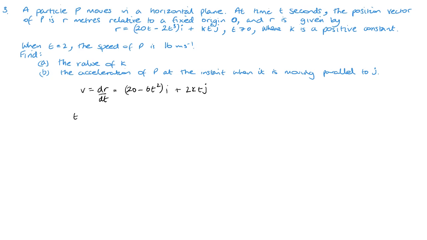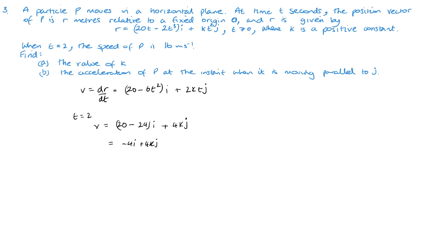And then when t equals 2, the velocity is going to be 20 minus 6 times 4, 24i plus 4kj. So the 2t, 2 times 2, 4. So I'm left with minus 4i plus 4kj.